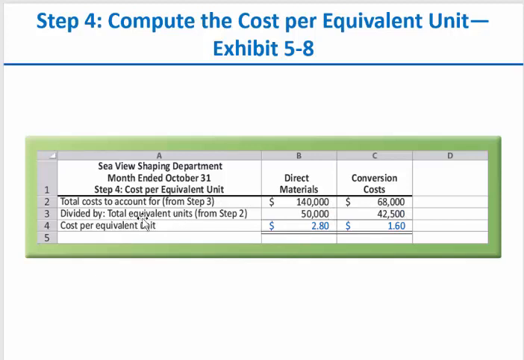Then we divide it by, from step 2, the number of total equivalent units. So you have 50,000 and 42,500 and so on. So you can find the cost per equivalent unit in each cost category. So that's an important step. But it's not that bad. Once you finish step 3 and step 2, you just use their results and put them into the step 4 table and complete the work.